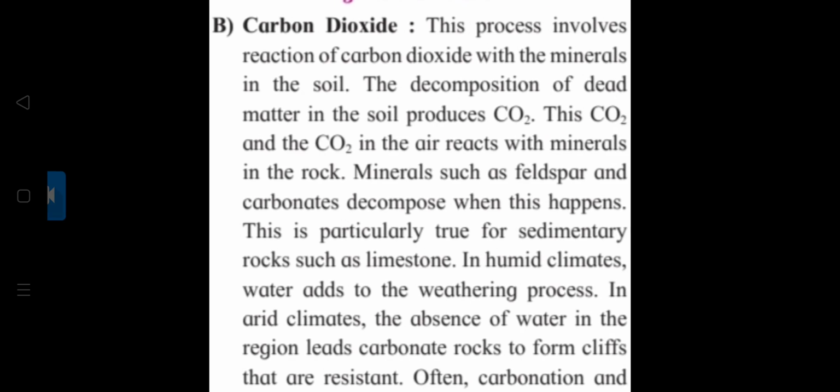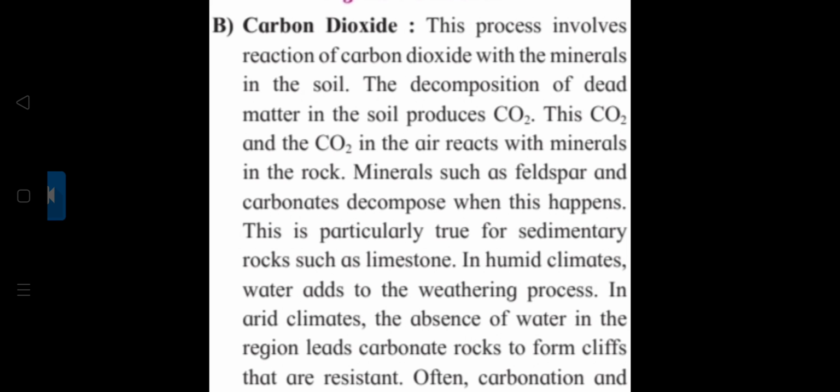The next thing we are going to see is carbon dioxide. This process involves reaction of carbon dioxide with the minerals. Previously, oxygen was reacting with water and certain elements in the minerals inside the rock.